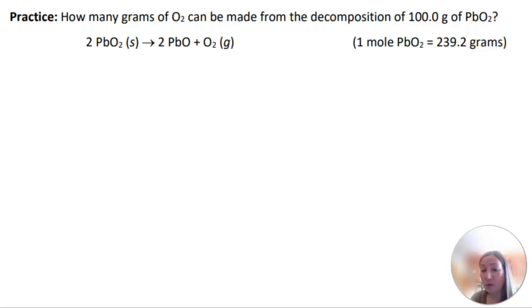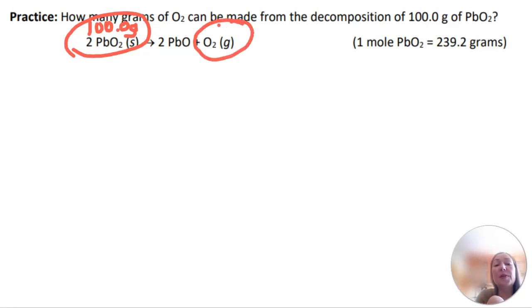And this is actually lead 4 oxide, but anyway, PbO2. Okay, so we've been given 100 grams here for our starting material, but the question is how many grams of O2 can be made. So that's what we don't know. We don't know how many grams of oxygen we can make.